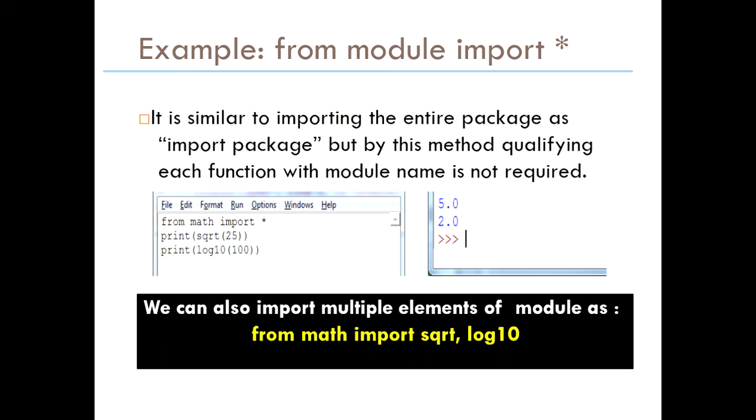We will get the output 5 and 2. We can also import multiple elements of a module, as in from math import sqrt, log10 and so on. We will get the same results.